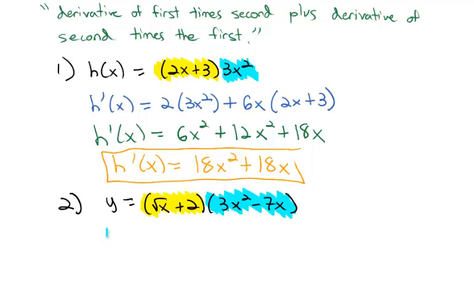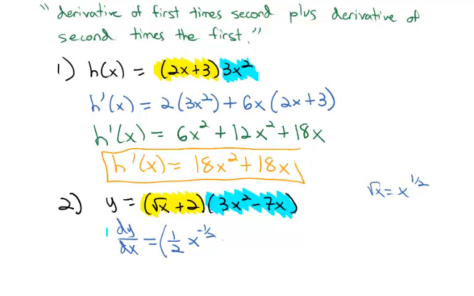So when we find dy dx, we take the derivative of the first part. Remember, the square root of x is equal to x to the 1/2. So we bring the 1/2 out front times x to the negative 1/2.